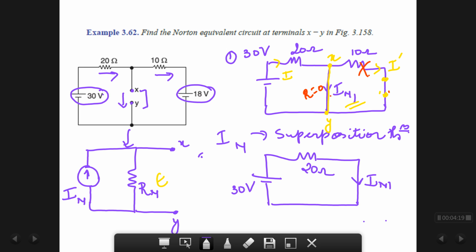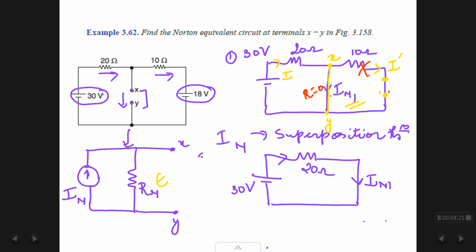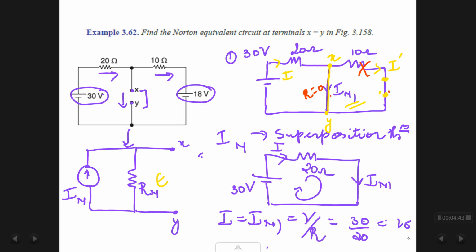I have to find my IN1, which is the same as the current coming from my source, which is the same as current I in this case. So I is equal to IN1. And for this circuit, to find the current, I can directly use Ohm's law, V by R, where V is 30 volts and resistance is 20. So it comes to be around 1.5 amperes. This is 1.5.